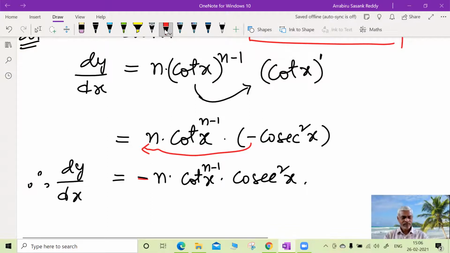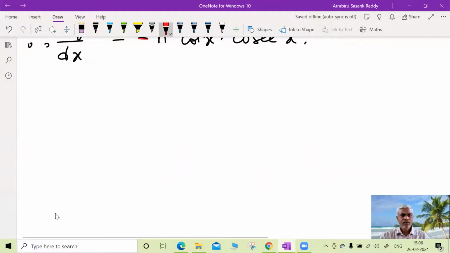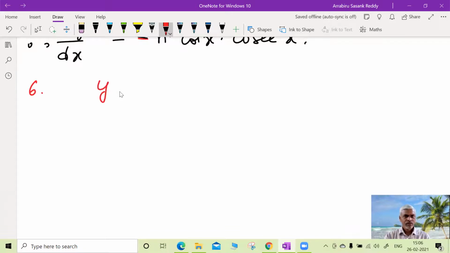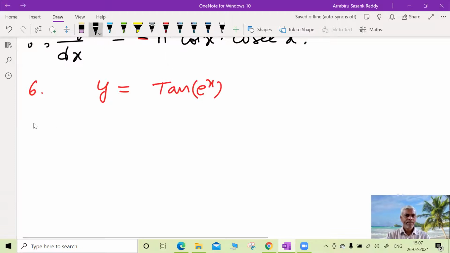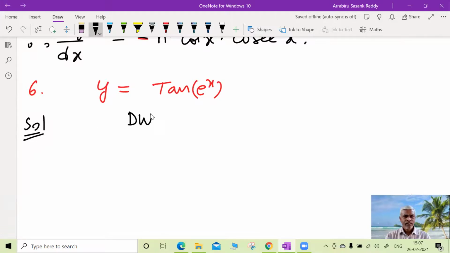Now let us practice another problem. So y is equal to tan of e power x. So differentiating with respect to x, dy by dx.